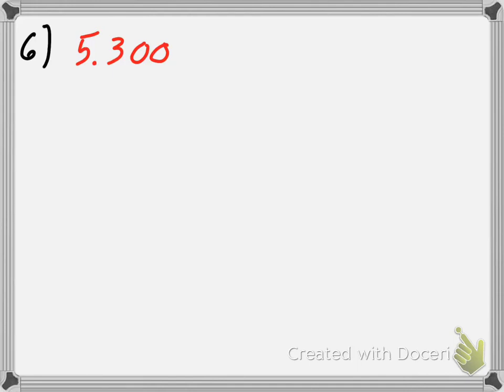So if I just rewrite this, I'm going to take away 1 zero, and I should have 5 and 30 hundredths, and 5 and 3 tenths. So if I take away 1 zero and I take away 2 zeros, it's worth the same amount. 5 and 3 tenths, 5 and 30 hundredths, and 5 and 300 thousandths are all worth the same amount. Again, I could add as many zeros as I want to as well, but that just takes up too much room on my paper.